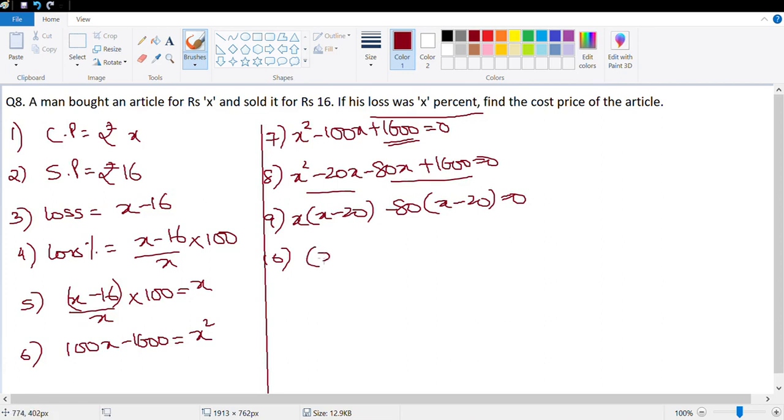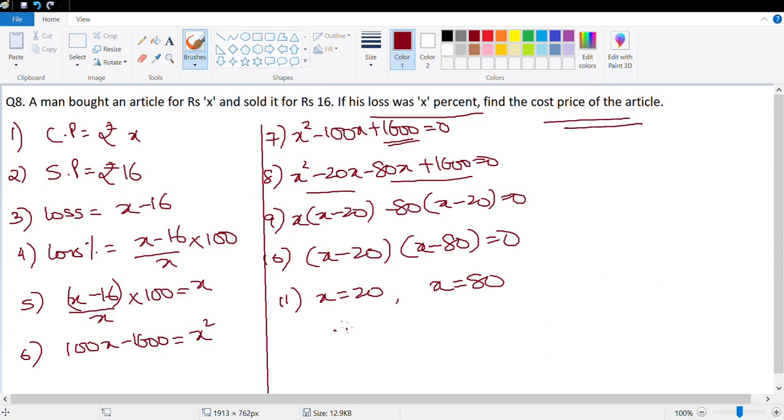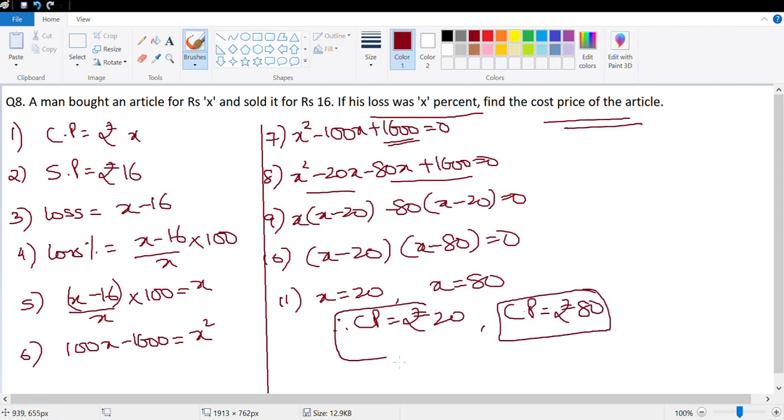This gives us x minus 20 multiplied with x minus 80 is equal to 0, which means x is equal to 20 or x is equal to 80. Find the cost price. Therefore, cost price is equal to rupees 20 or cost price is equal to rupees 80. We have two possible options.